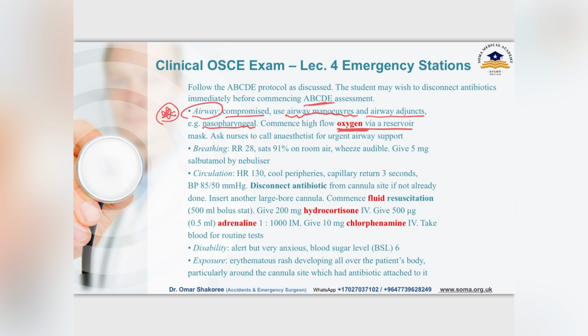Breathing, as you know, the respiratory rate is high and saturation is low, with audible wheeze. What to do? Give salbutamol by nebulizer for this patient. And for C, circulation, the heart rate is high. So what to do?